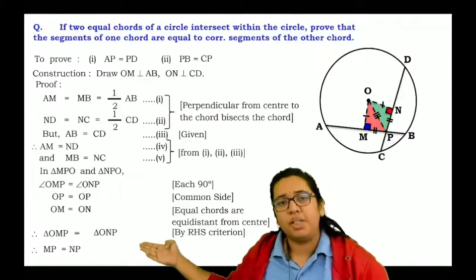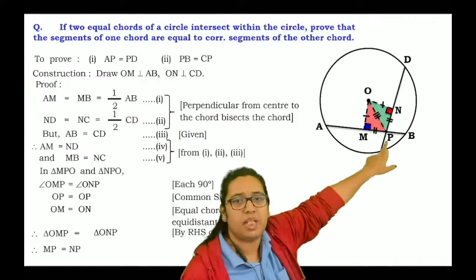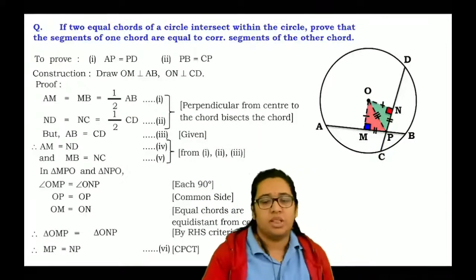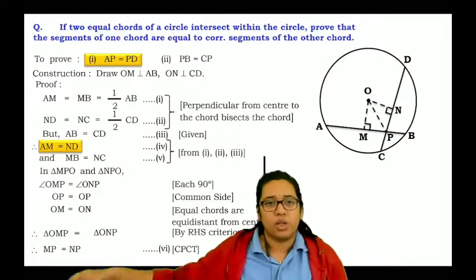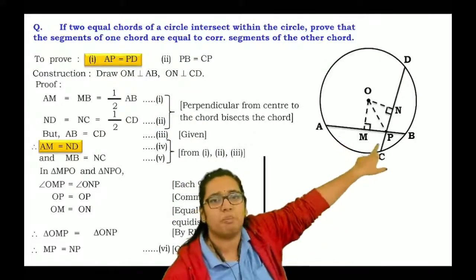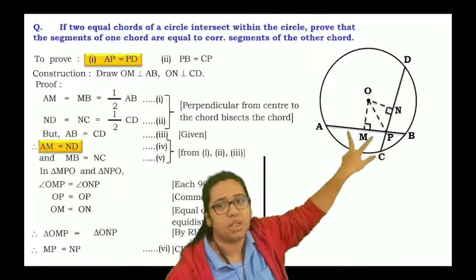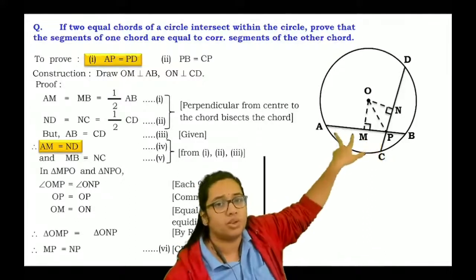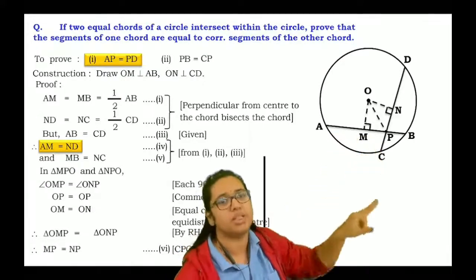So as triangles OMP and ONP are congruent, it means that we can say that MP equals NP, and the reason is nothing but CPCT. Okay. So if we are talking about AP, I can see A, M, P are three collinear points. So the length of AP equals the length of AM plus MP.